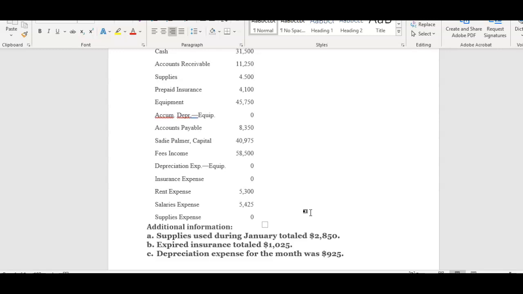They're saying that supplies used during the month total $2,850. Now, once supplies have been used, that cost now becomes an expense. And we have to record this adjustment in the adjustment section of the worksheet.